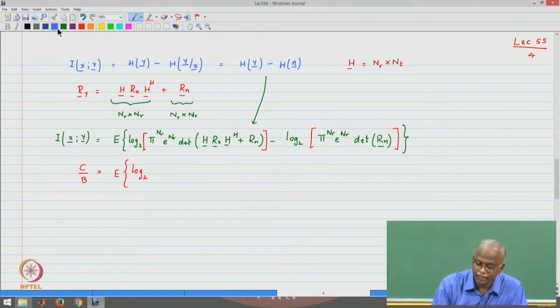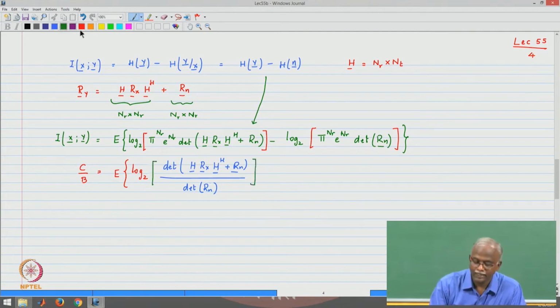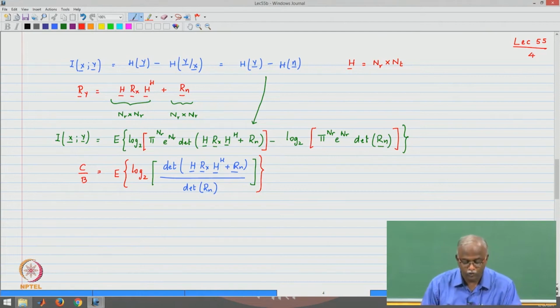It is the determinant of H Rx H Hermitian plus Rn divided by the determinant of Rn, and that is the expression within the logarithm, and then the expected value of the entire expression. So, this is the form that we will start to work with.